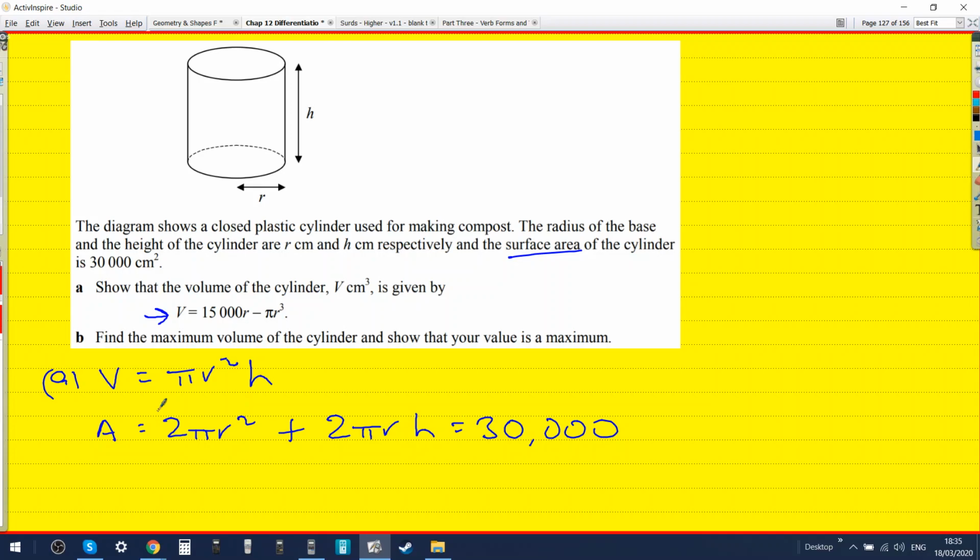Minus 30,000. Nope. Make h the subject. That means you're trying to make it h equals.